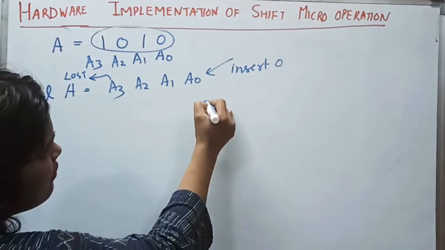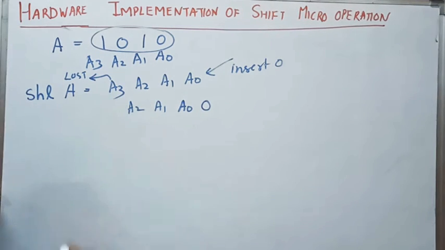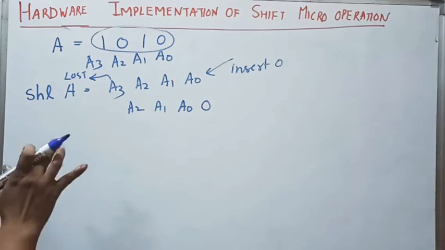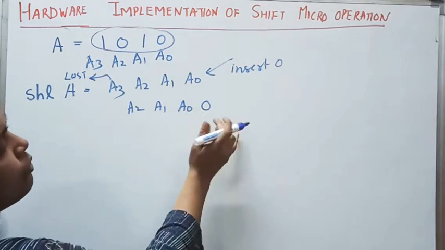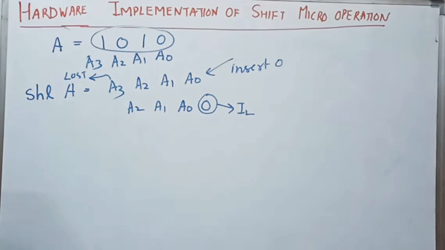That is 0, A0, A1 and A2 will be there. Now, this particular 0, I can write as I of L, meaning arithmetic shift left.